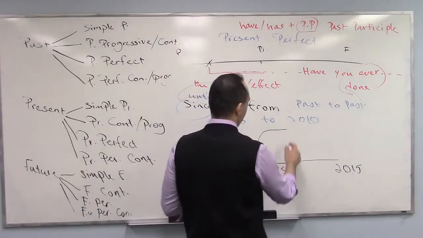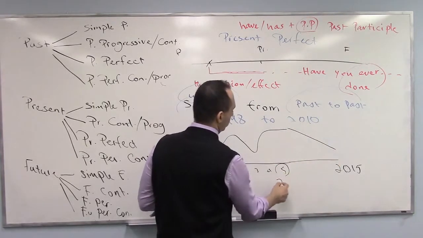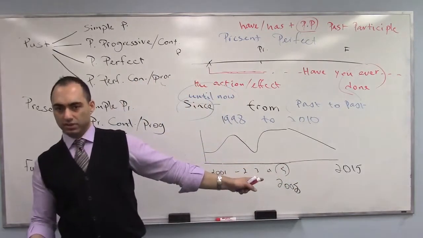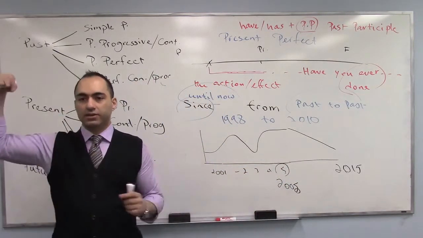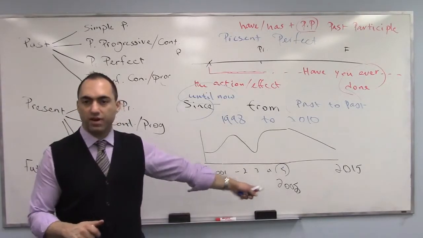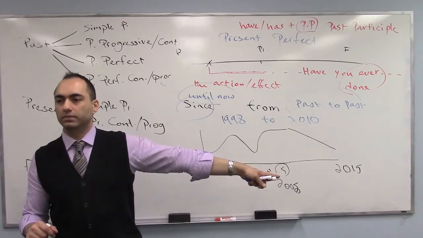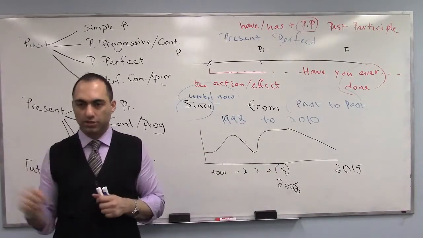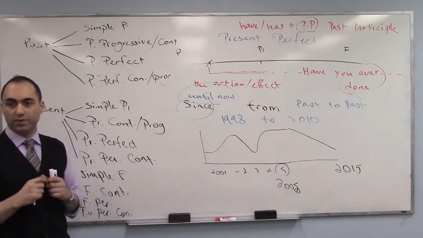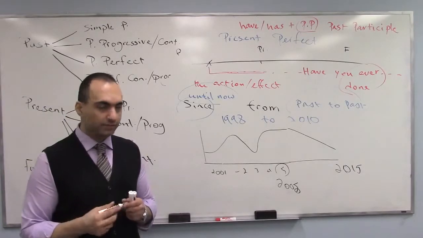And then from 2005, since 2005, there has been a steady decline in prices. It means since 2005 until now, which is January 2015. So since means from whatever time in the past until right now. From some time in the past to some time in the past, right?